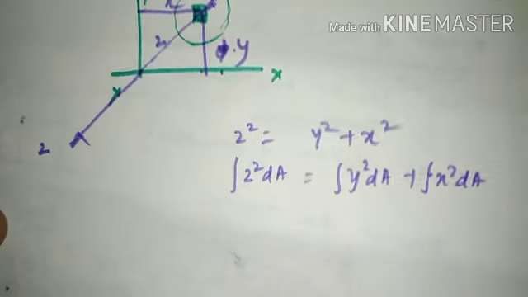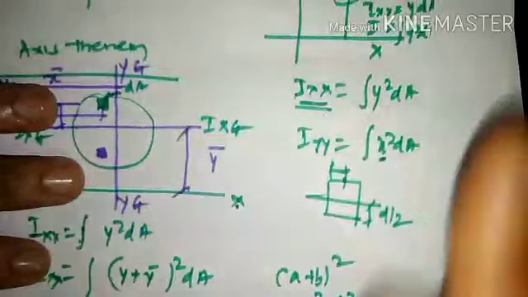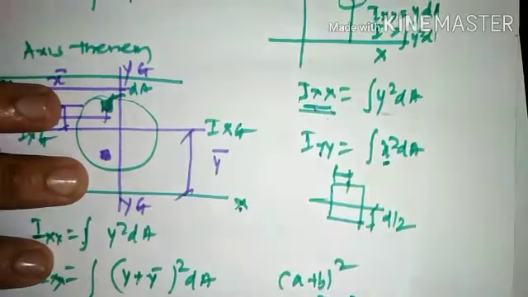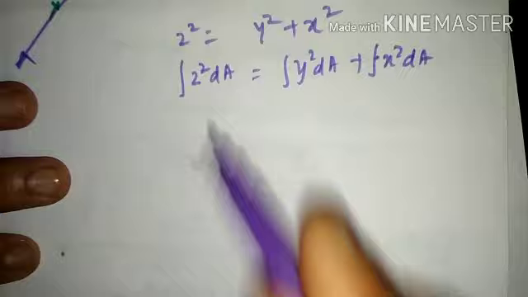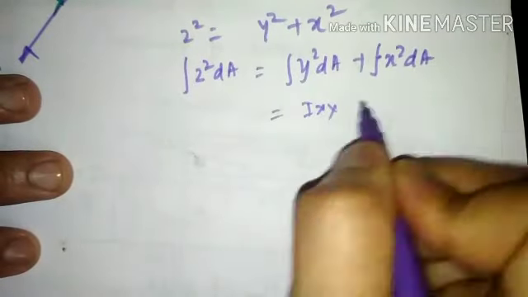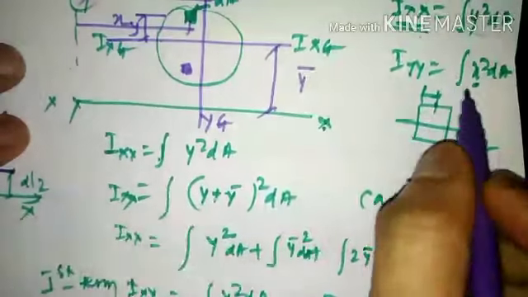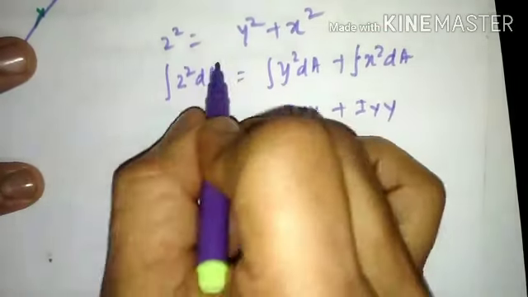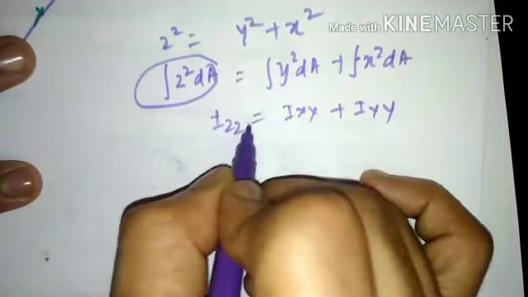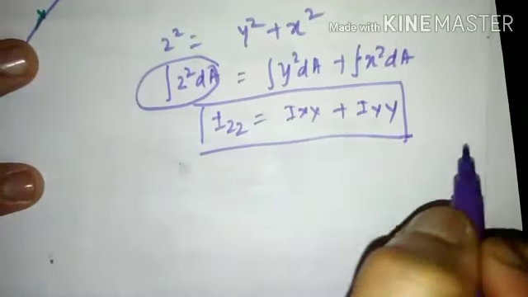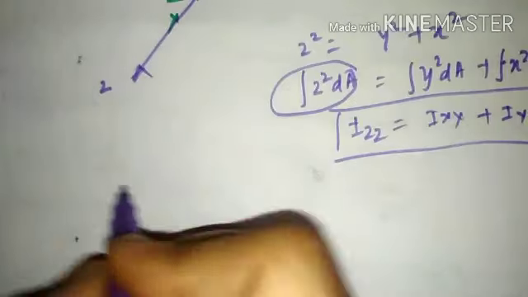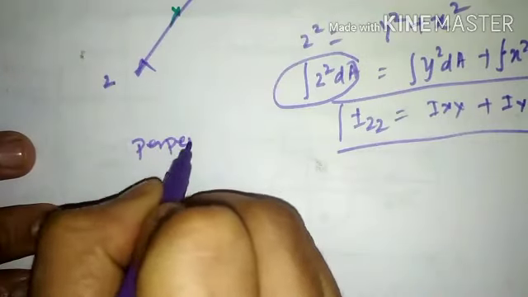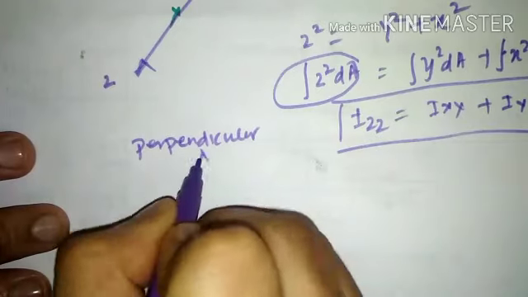Just before, I mentioned that integration y square dA is Ixx, so this will be written as Ixx, and integration x square dA shall be called Iyy. So this will be plus Iyy, and this particular integration term will be called Izz. So this is the perpendicular axis theorem, and this is its derivation.